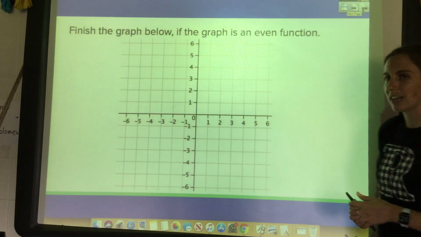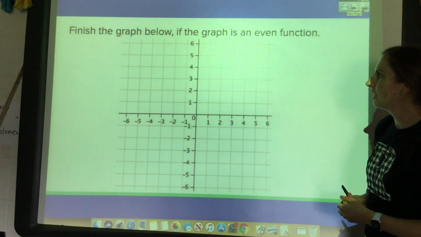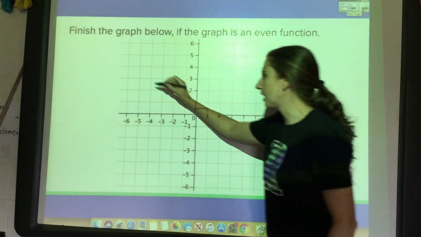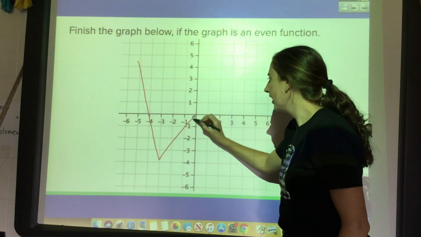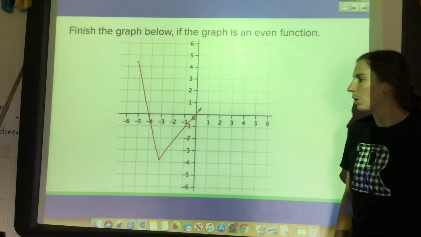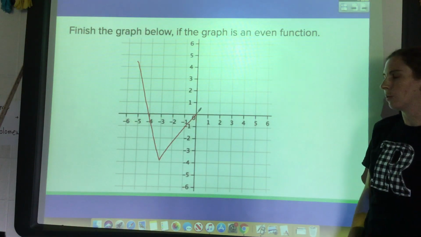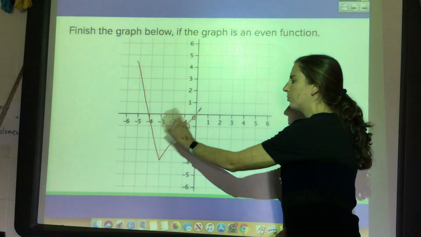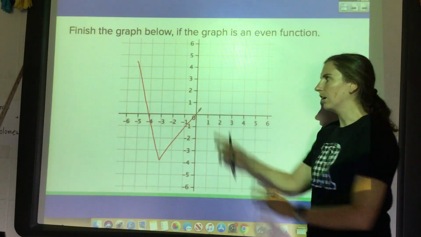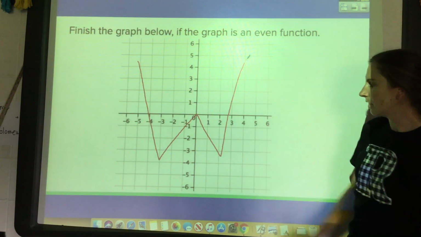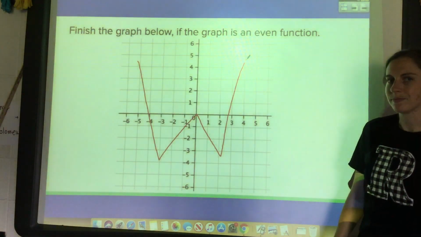Okay, another kind of example you might see is like, finish the graph below if it's an even function. For example, if I gave you this, what would the rest of the graph look like if it were even? Well, if it's even, it should be the same thing on either side of the y-axis. So it would look like this and make like a W-looking thing.